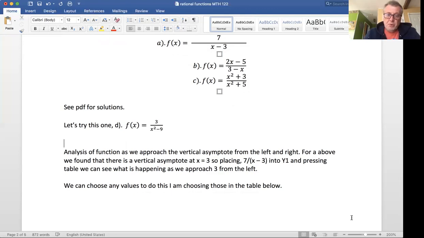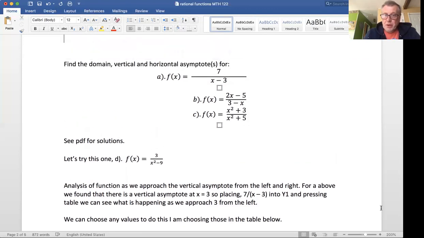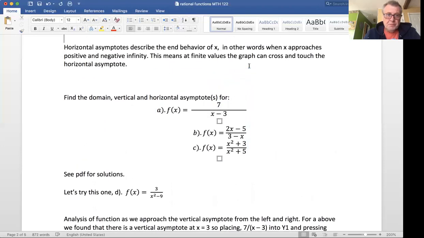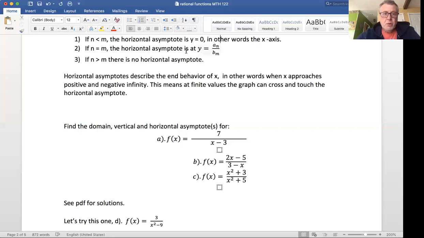Horizontal asymptote, what's the rule again? Well, the degree of the numerator is 0 with the 7, and the degree of the denominator is 1. So let's go back up to our table here. When the degree of the numerator is less than the degree of the denominator, we have a horizontal asymptote at y equals 0. So that gives us an idea where our asymptotes are.